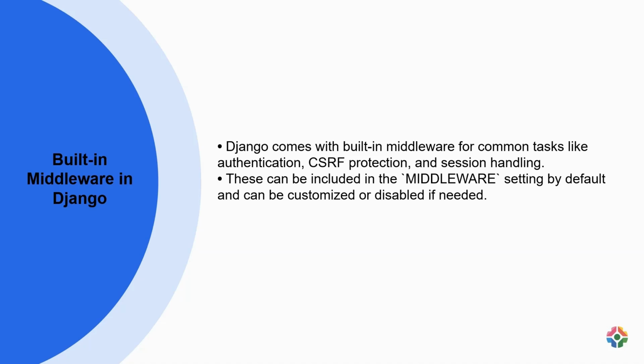If a user is authenticated, this middleware sets the user attribute on the HTTP request object. Another instance is the CSRF view middleware, which protects against cross-site request forgery attacks by adding a hidden form field with a CSRF token. By configuring and utilizing middleware effectively, developers can enhance security, performance, and functionality in their Django applications.